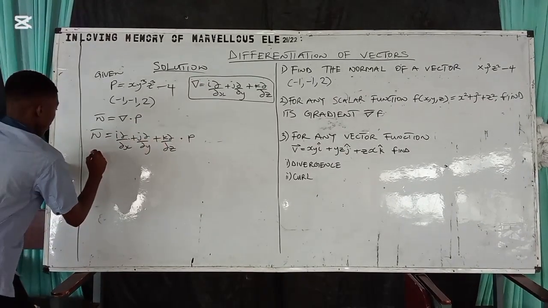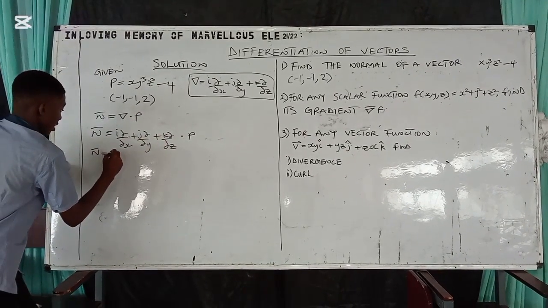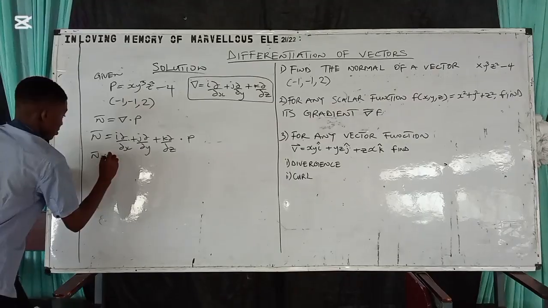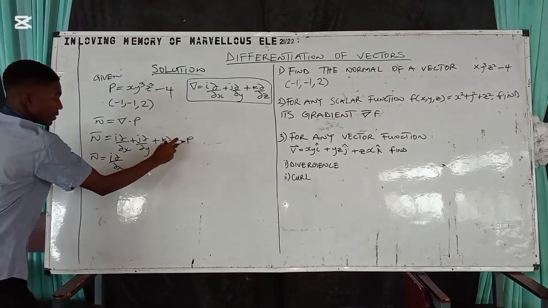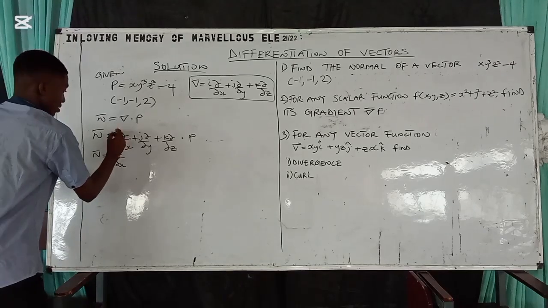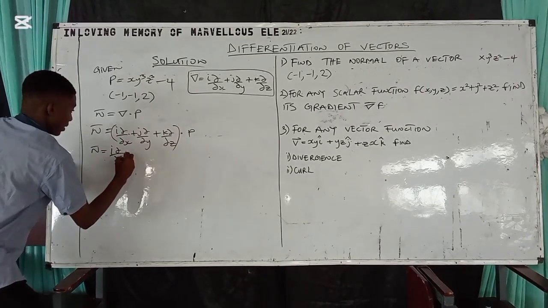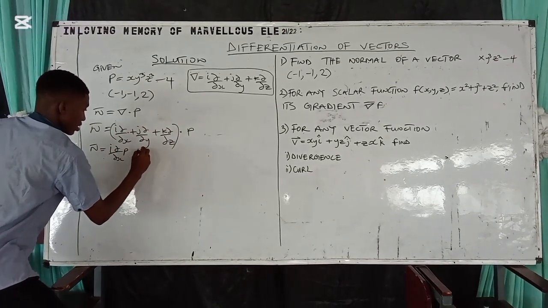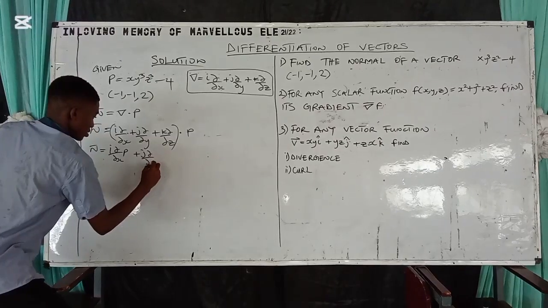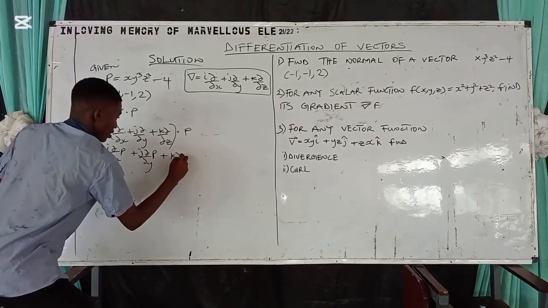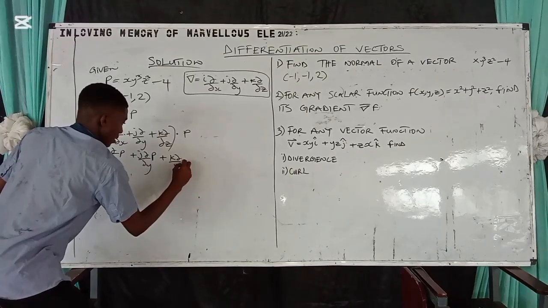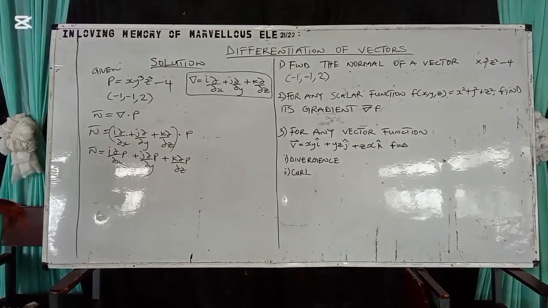Putting this now, the p will multiply all three of them. So i times p plus j times p plus k times p. What does this mean now?